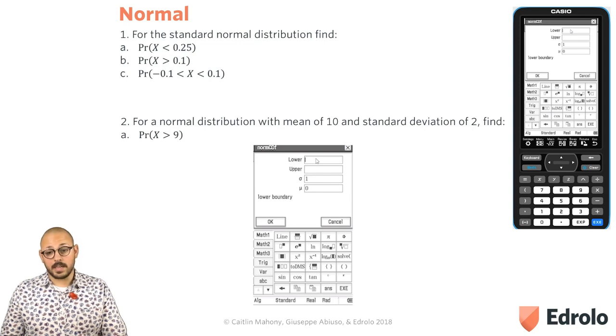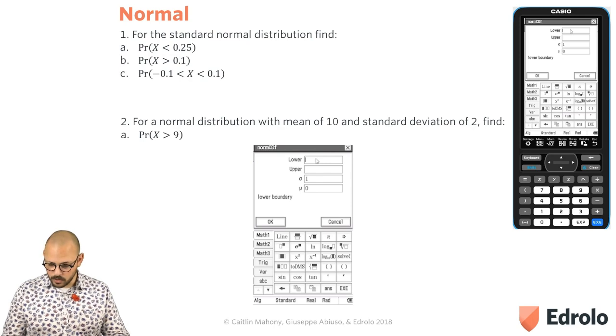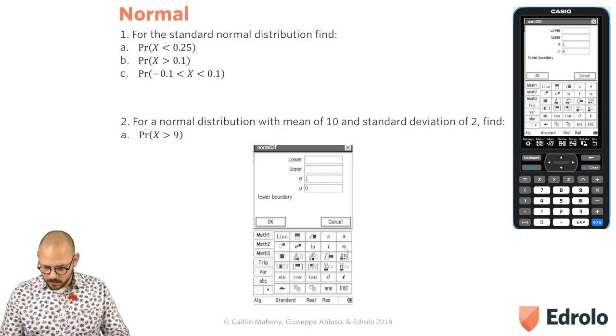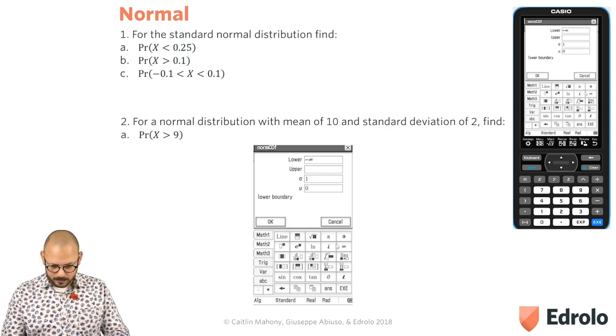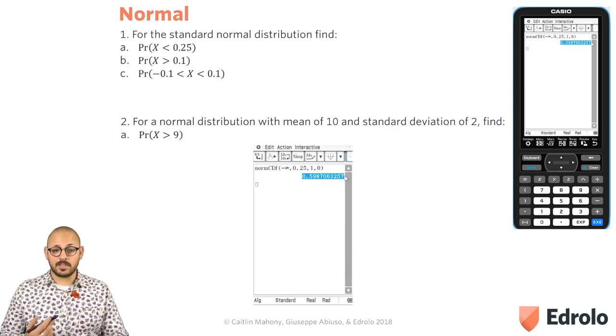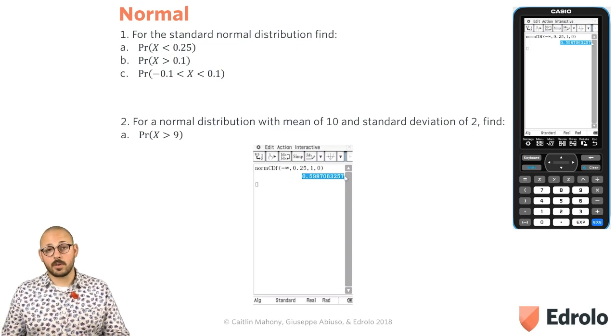The lower will be the lower bound, and the upper will be the upper bound, quite intuitively. We're looking for the probability that x is less than 0.25. So the lower bound is going to be negative infinity. And the upper bound is going to be 0.25. We hit OK. And there is our probability that in the standard normal distribution, the value is going to be less than 0.25.